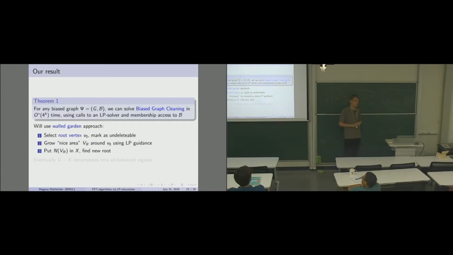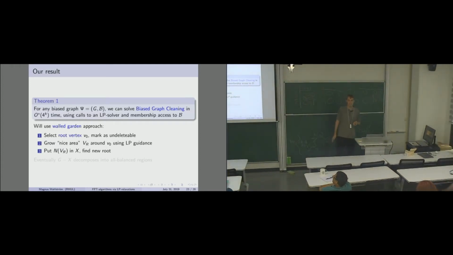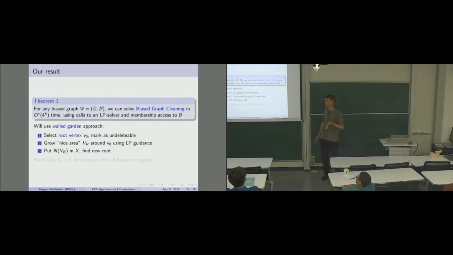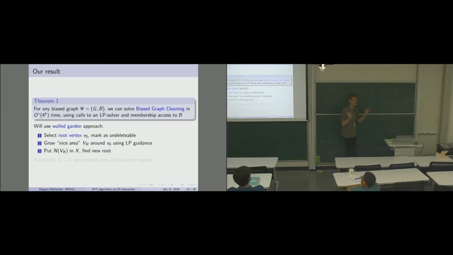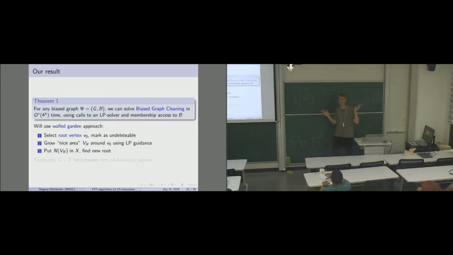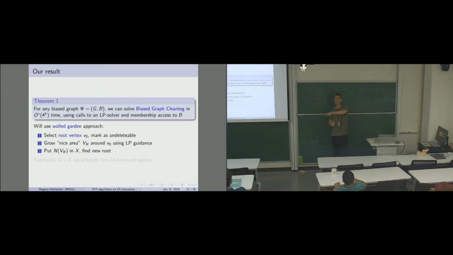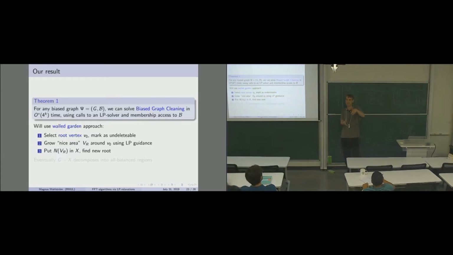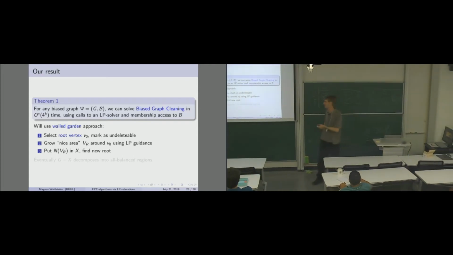The way it will work, I can't go into any details, but the general scheme, you can think of as a walled garden approach. The whole world is kind of messy and scary, but if we start at one point, we can build a local area that's nice and well behaved. So we start at one vertex, we clean up all the mess that's near to us, and eventually we decide that we want to separate ourselves from the world by cutting all vertices that surround us, once we have some useful region.